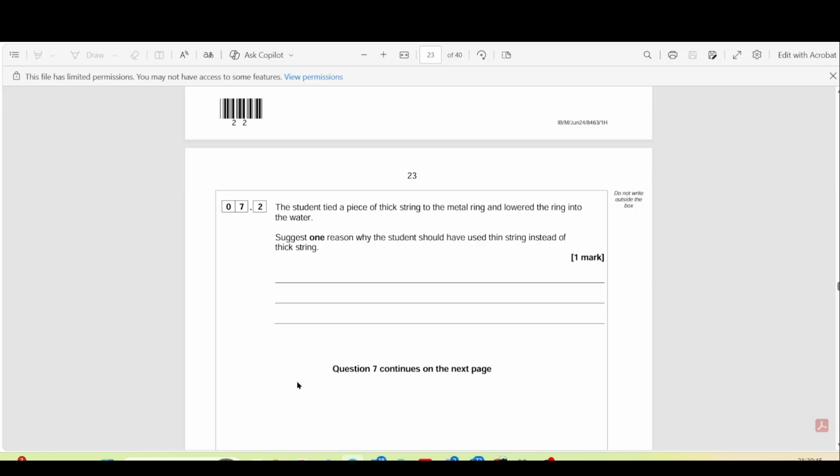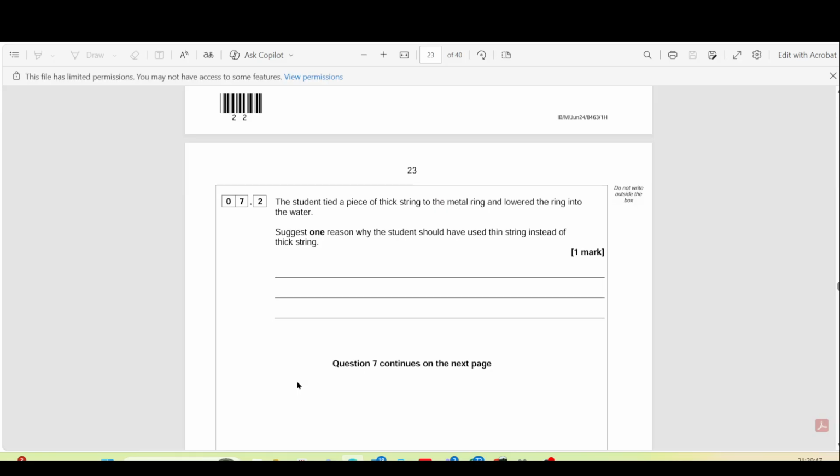Read question 7.2. The student tied a piece of thick string to the metal ring and lowered the ring into water. Give just one reason why the student should have used thin string instead of thick string. Any idea? Thin string is lighter.